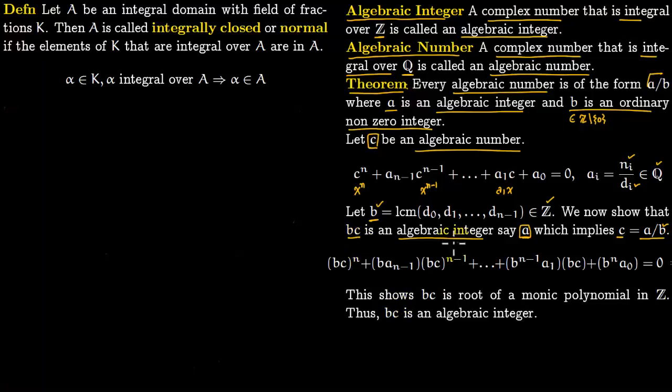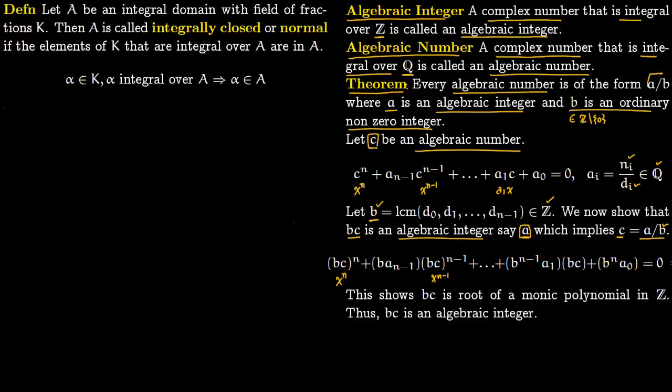So to show bc is an algebraic integer, we have to work here. We have to construct an equation, a monic polynomial whose root is bc and whose coefficients are in the integers. Here the coefficients were in the rationals, here the coefficients are in the integers. So this monic polynomial is something like x^n plus some constant times x^{n-1}, and so on.